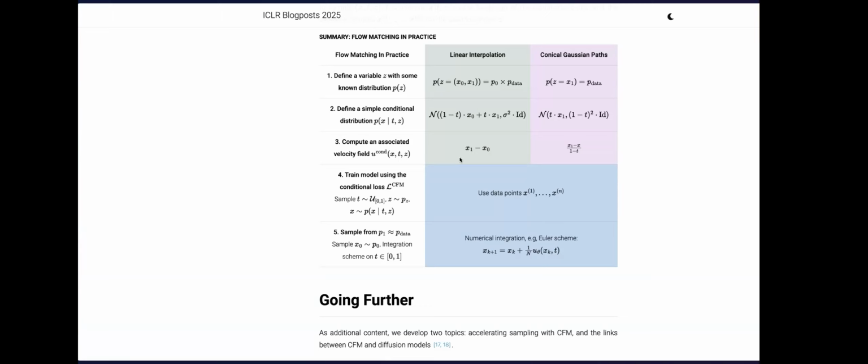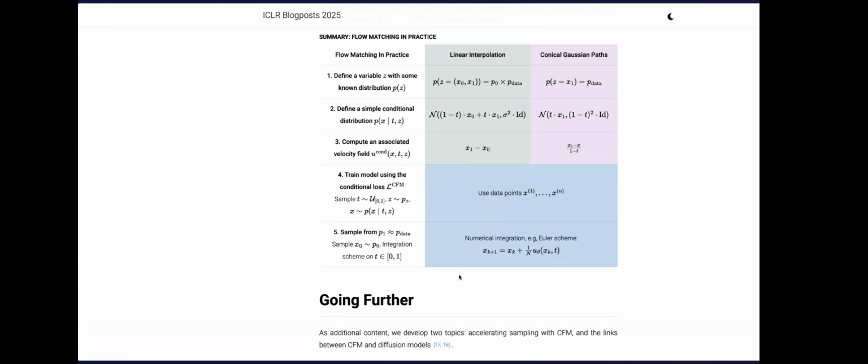Now, the last thing that I need to tell you is once you have trained a flow matching model, how do you infer? How do you draw a new sample from it, right? That's the big thing. We want to sample from the learned model.